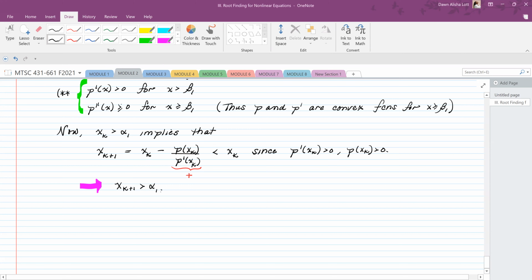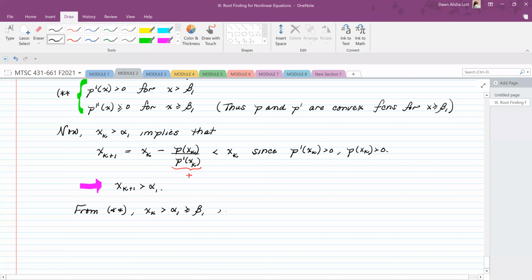So from double star above, we get x_k is bigger than alpha 1, which is bigger than or equal to beta 1.